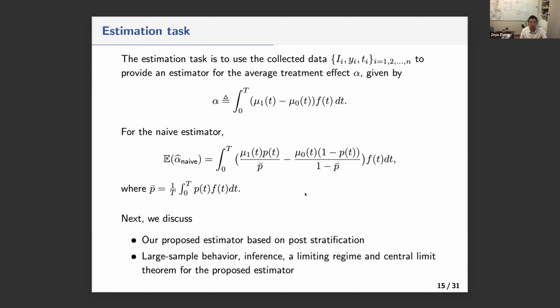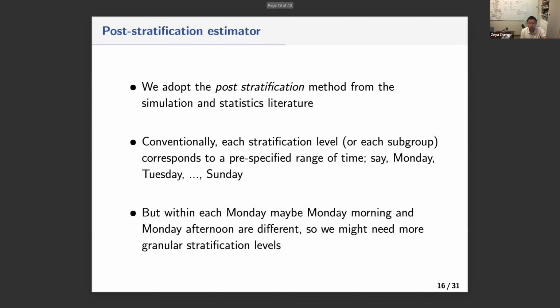So next, I'd like to discuss our proposed estimator based on post-stratification and associated large sample behavior and inference. The post-stratification idea, to my knowledge, started many years ago and is widely used, for example, in polling, and it's widely used in Monte Carlo simulation to construct estimators.